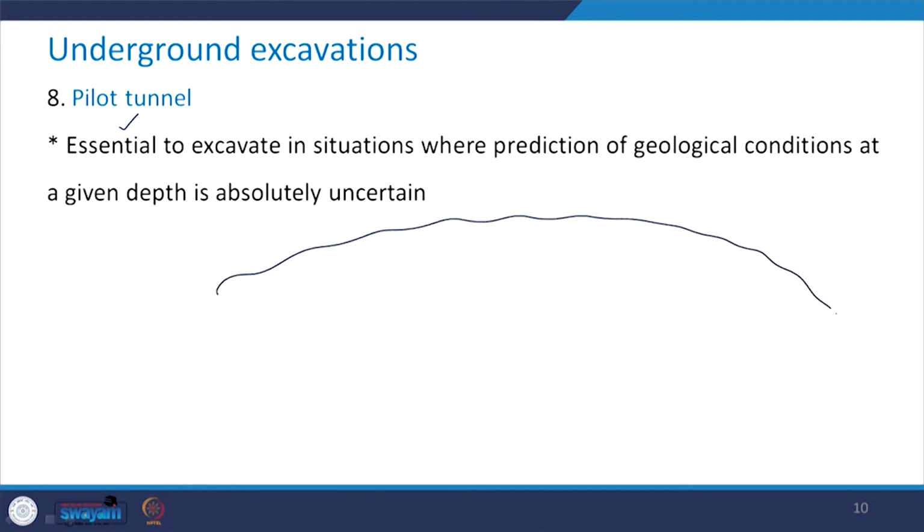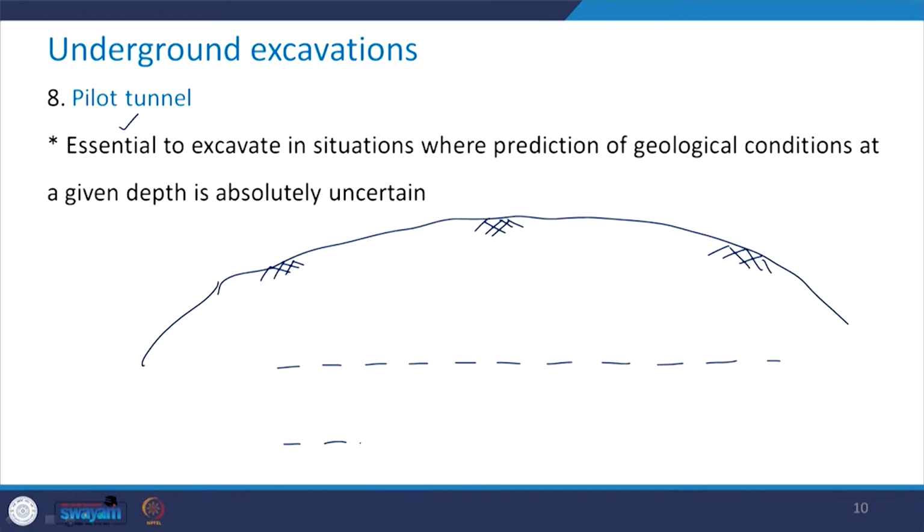So, say this is your ground surface. Now here, at a depth, one needs to go for the tunnel construction. So this is the center line or the tunnel axis.